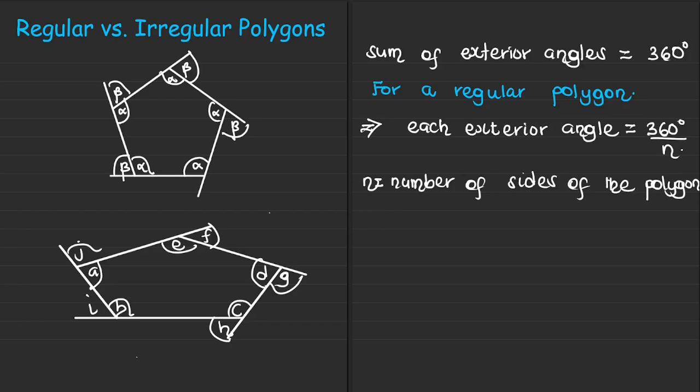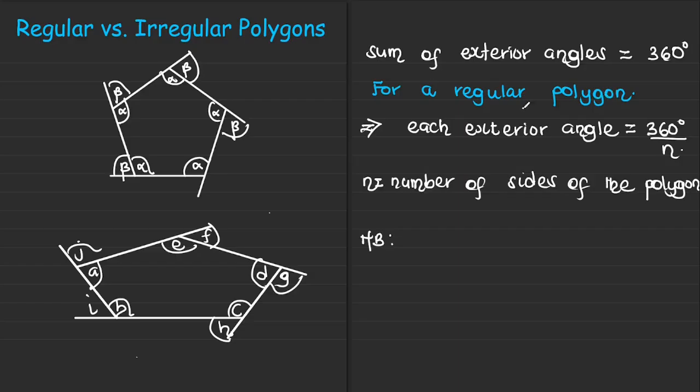So what happens to the irregular polygons? Take note. NB. For irregular polygons, the sum of the exterior angles sums up to 360, all right, just as for the regular.